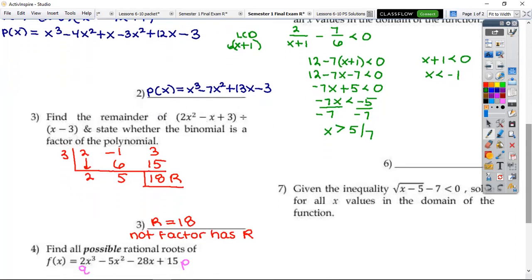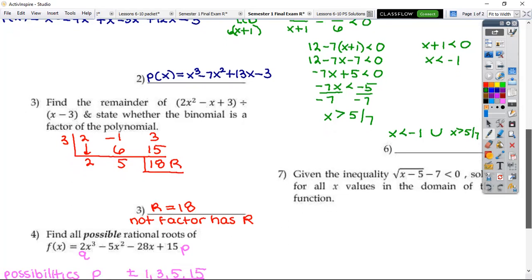So one way you can write this answer, I'm going to start with the smaller. So I can say x is less than -1, or because it would jump, x is greater than 5/7. Those of you that favored interval notation are still welcome to use that as well.